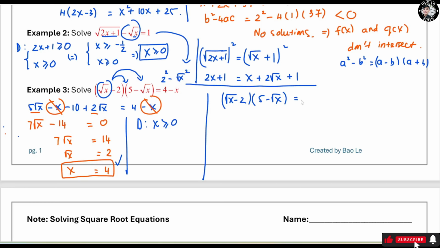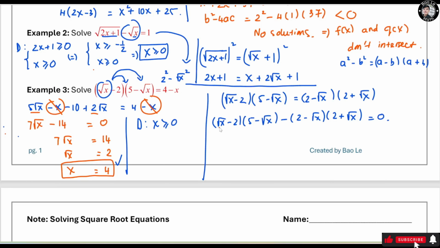So it could be 2 minus square root of s times 2 plus square root of s. So I'm going to subtract both sides by this. Observe that these are opposite, so I need to make them the same. So I'm going to distribute negative 1 over here, so this turns out to be positive.